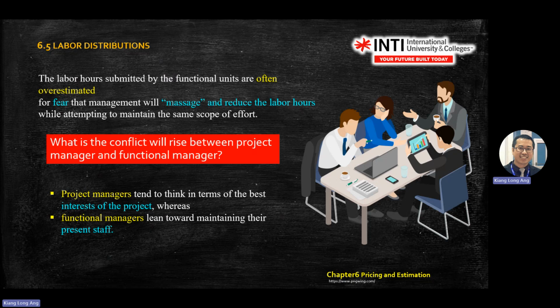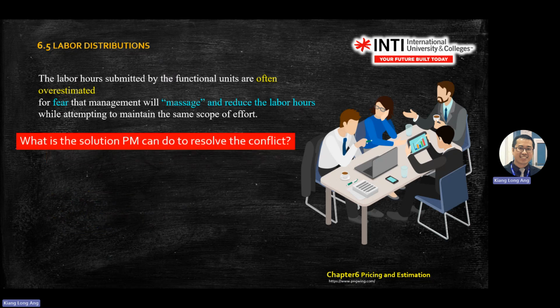So there is an argument during the tender of the project. When you are the project manager, you want to keep your project competitive, which means low cost. But the functional manager wants to maintain their technical staff. If you are very good, you cannot be paid too low. If you pay too low, they will jump to another company. That is the trend.